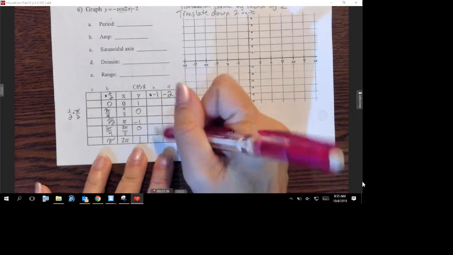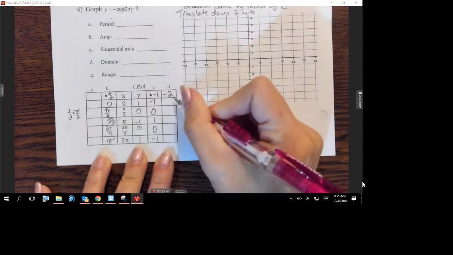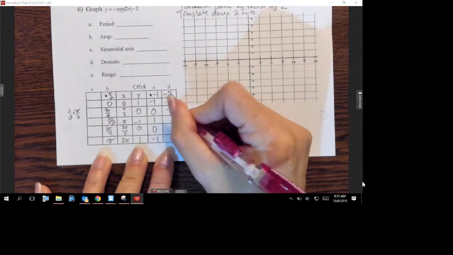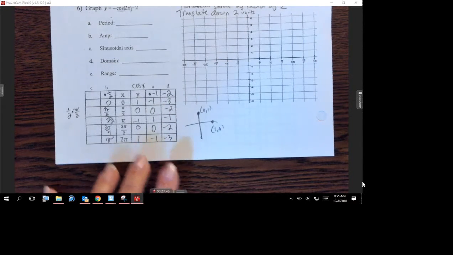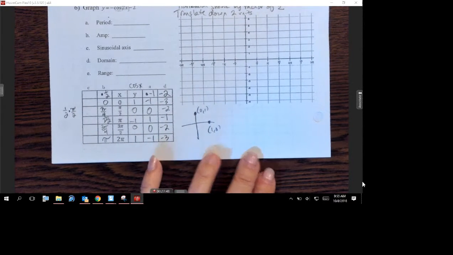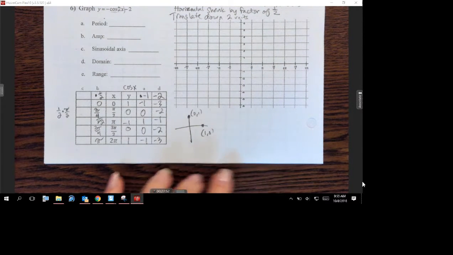And then my y's, I'm going to multiply by -1, and then subtract 2. Then we will graph the outermost x's and the outermost y's.